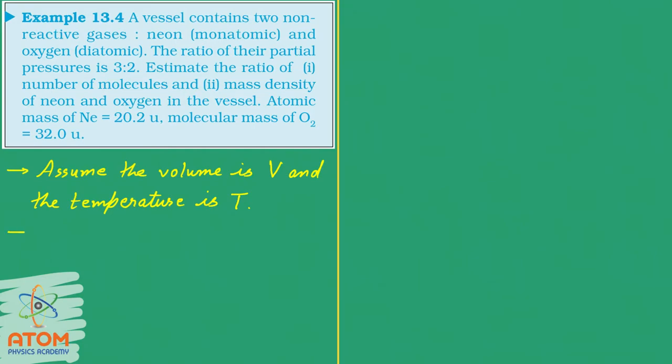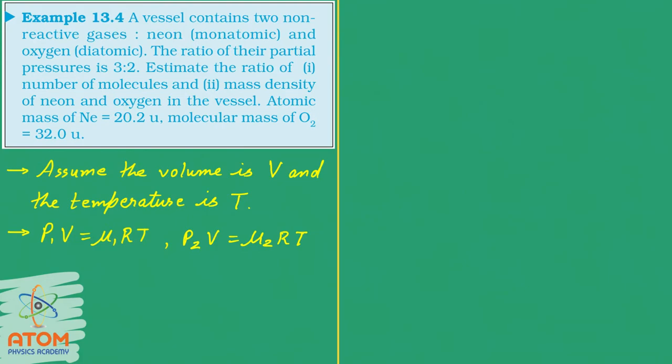Now from the ideal gas equation for both of the gases, we can write P1V is equal to mu1 RT, and for the other gas we can write P2V is equal to mu2 RT. Obviously, as it is given here, P1 and P2 are partial pressures.